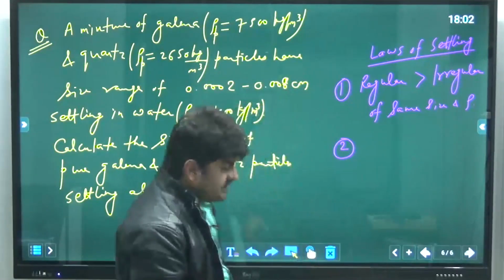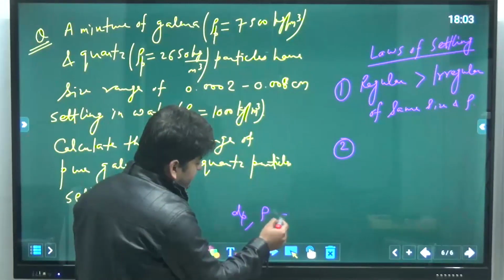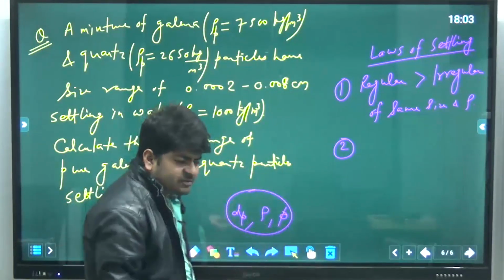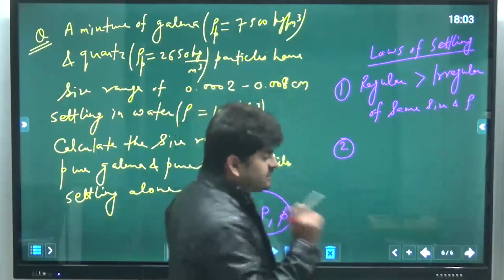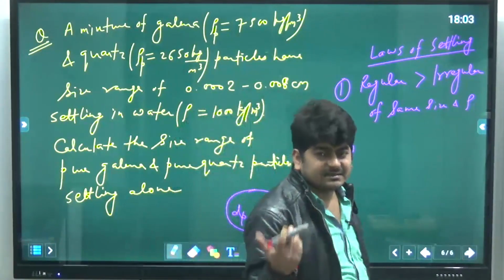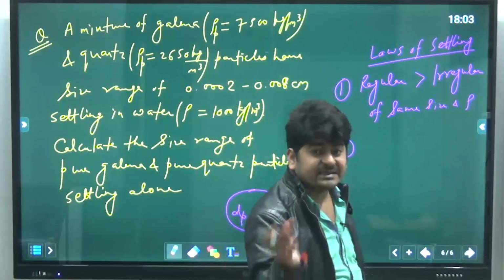See, we have three parameters: size means diameter, density and sphericity. Based on sphericity, we can have only two types of particles, regular and irregular. Done. Second, based on size, we can have only two types of particles, large and small, or we can say coarse and fines in general.